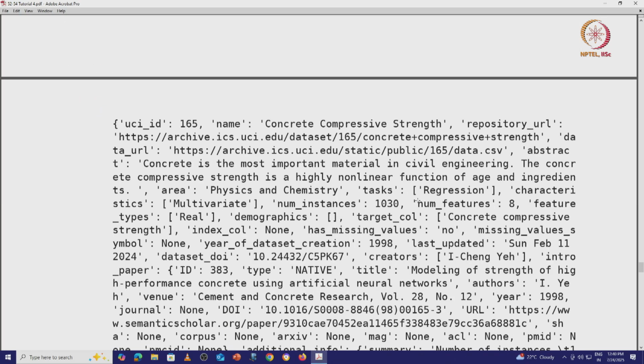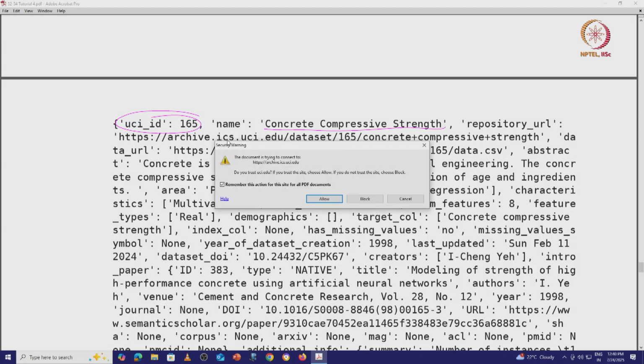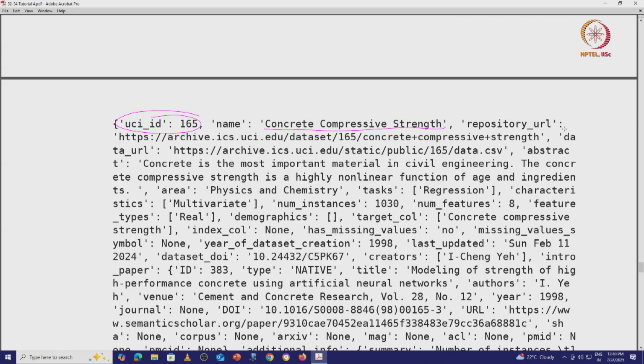So this is the metadata, this is the ID of the data set, UCI ID. The name of the data set is concrete compressive strength. Then the repository URL is also given here in case you want to open this URL at your own end. The data URL is given, so the data is available in a CSV file, data.csv, and this is the abstract of the data set.